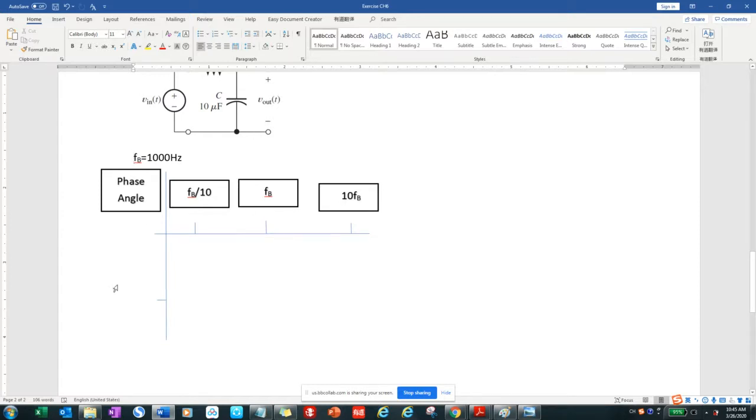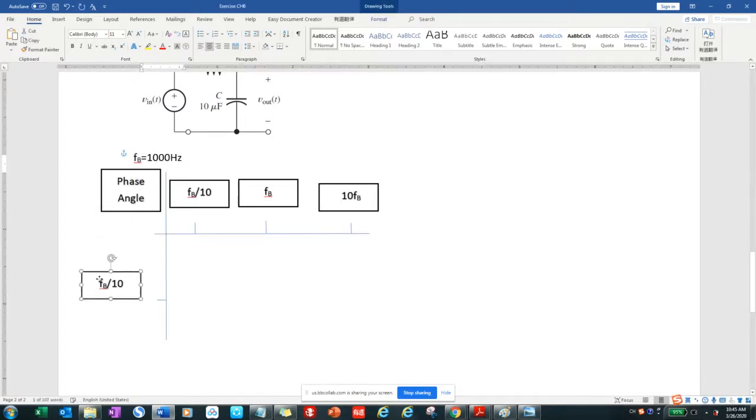So this will be negative 45. That is when the frequency equals FB, you get negative 45.